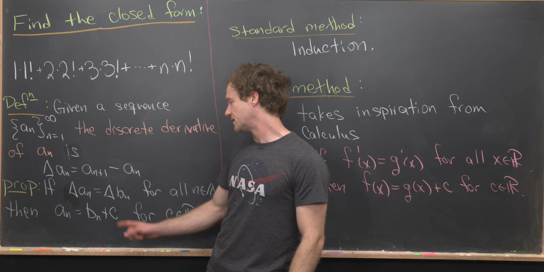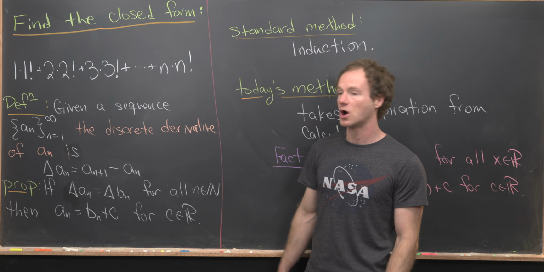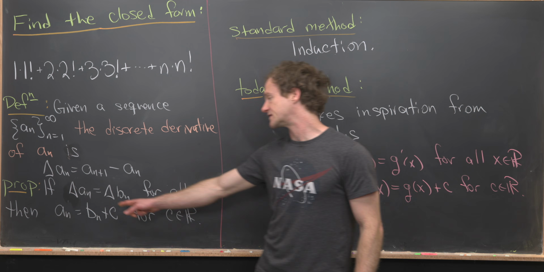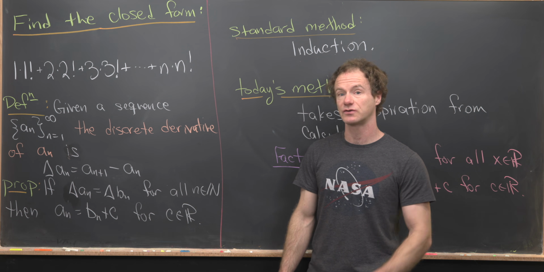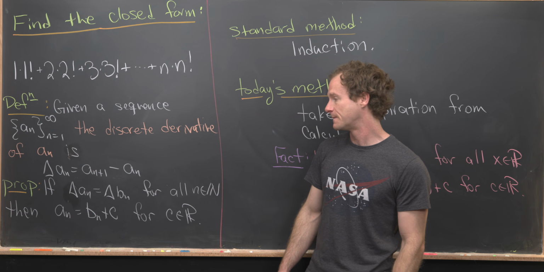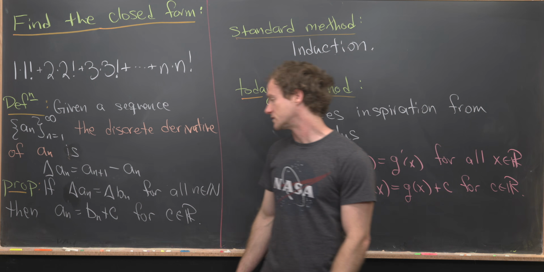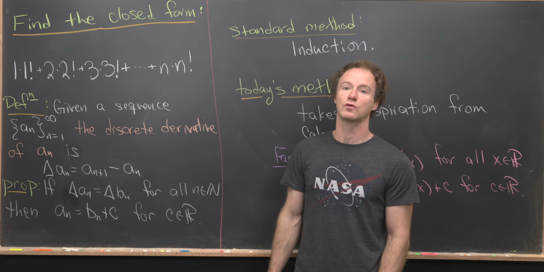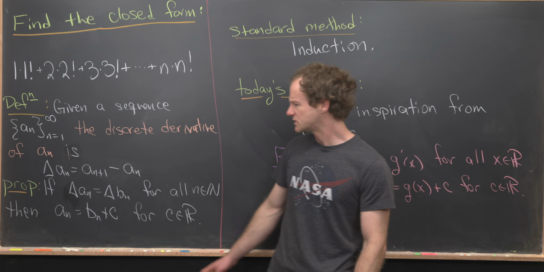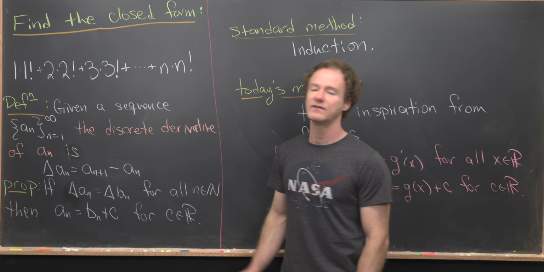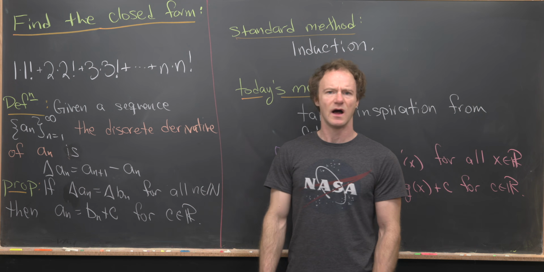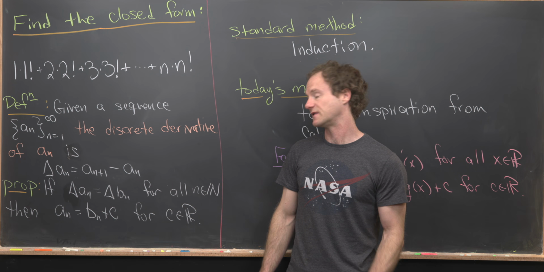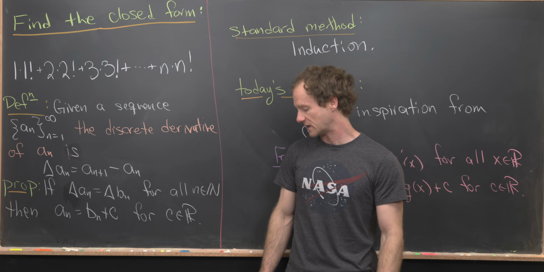If delta a sub n equals delta b sub n for all natural numbers n, so the discrete derivative of a sequence an is equal to the discrete derivative of a sequence bn, then an equals bn plus a constant for some real number constant. So in other words, if the discrete derivatives are equal, then the sequences are equal up to one constant that is fixed for all values of n.